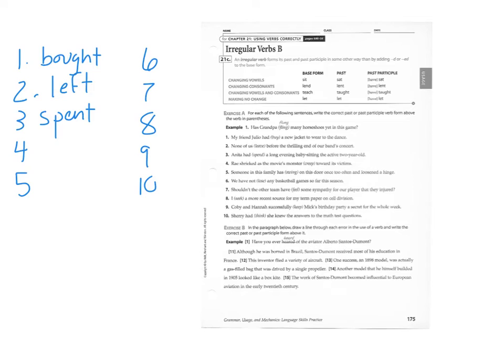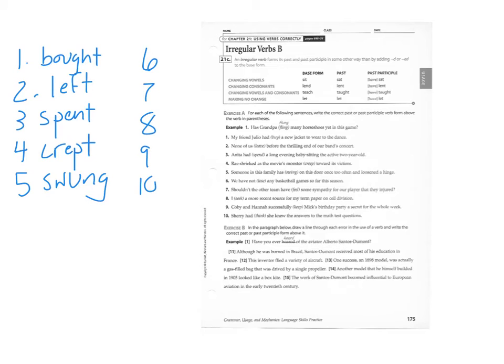For 4, all right, we have a past of creep, that's going to be crept. For 5 is going to be swinging. So, I'm sorry, swing. So the past participle, because we have has, is going to be swung.